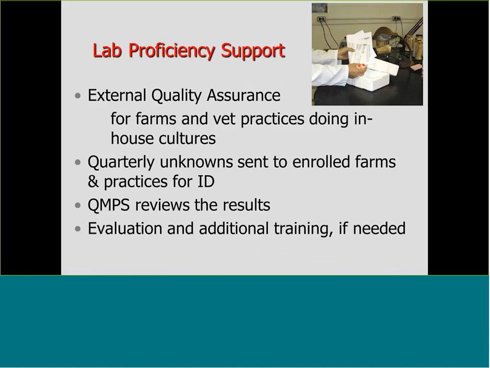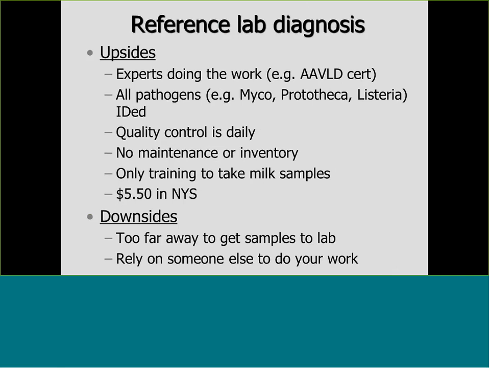If you do decide to do on-farm culture, I think it's probably a good idea to get some lab proficiency support. At Quality Milk, we have a little system set up for external quality assurance. One, we can train you how to do this on-farm culture. And then quarterly, we also send you unknown samples that you'll plate out and see if you get the right answer. We review those results, and we work with additional training if you need it.